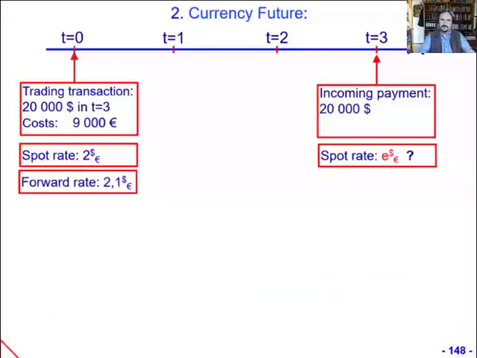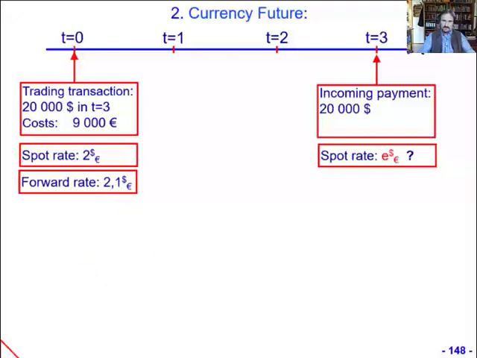Another possibility to get rid of the exchange rate risk is the purchase of a currency future on the market for forward exchange. Let's assume that the current forward exchange rate payable at 3-month maturity equals $2.1 per euro.